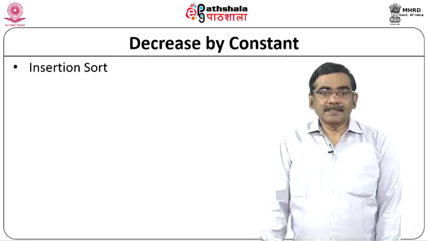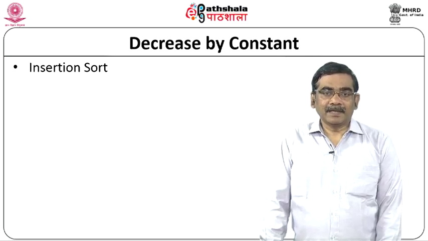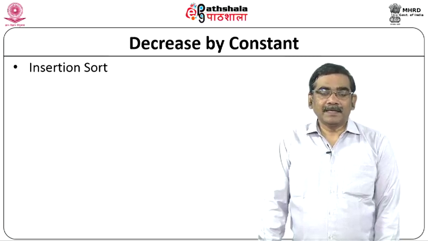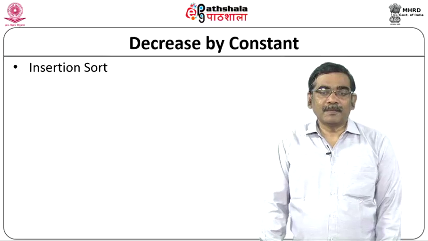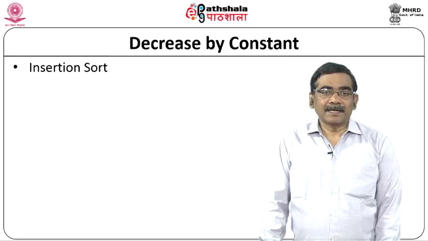In decrease by constant, many problems are solved. We are going to discuss insertion sort, a popular sort whose results can be used as a benchmark for comparing with better algorithms. For example, if somebody designs an algorithm, he can compare the results with some base algorithm, where the base algorithm can be a sort like insertion sort or selection sort.